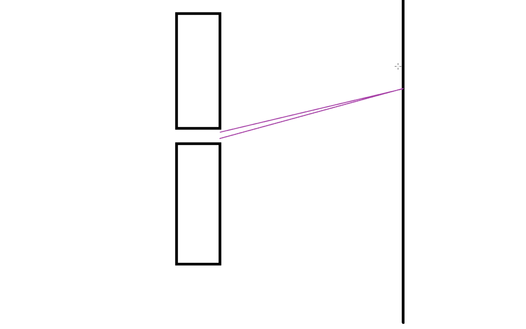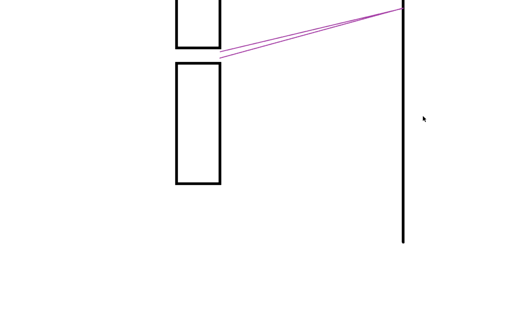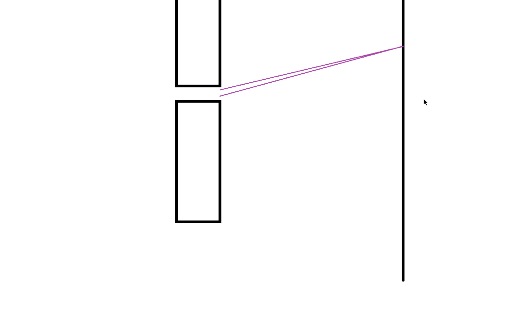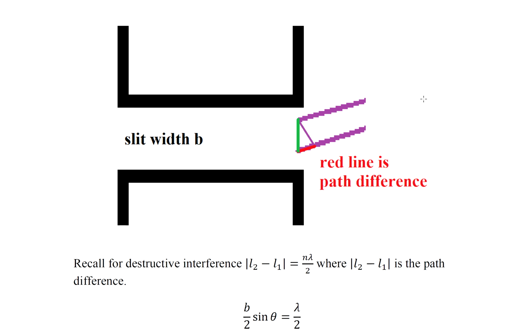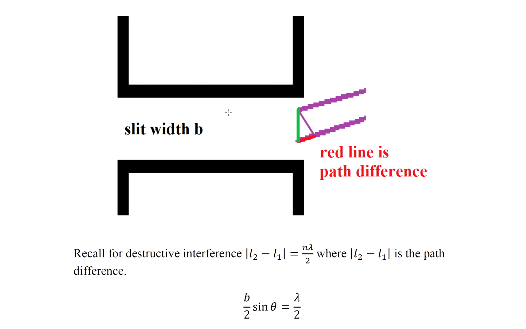This horizontal distance between the single slit and the screen is much longer than this vertical slit width. So we can take these two purple lines to be parallel to each other. And this little red line is the path difference. And this is the slit width b here.